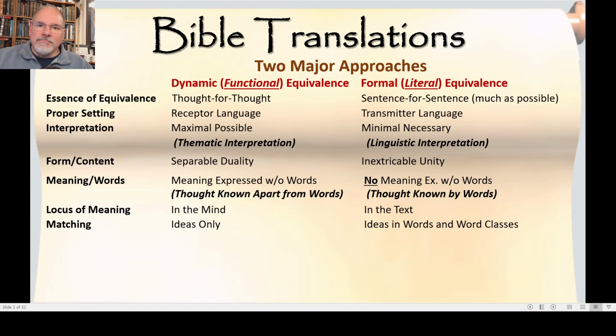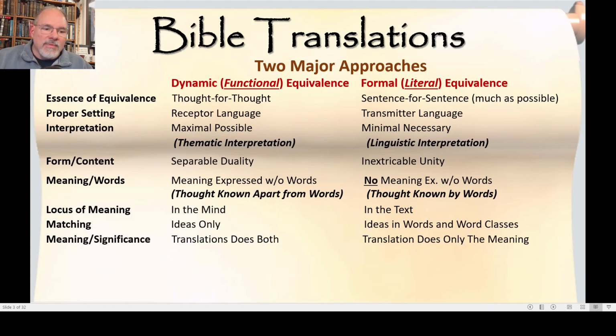So they're taking into account on the formal side all the grammar, the word definitions, as well as how it's arranged grammatically. All those become very important to try to keep it as close to the original as possible.